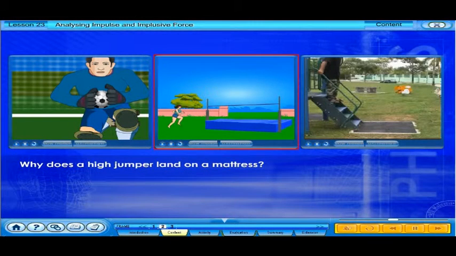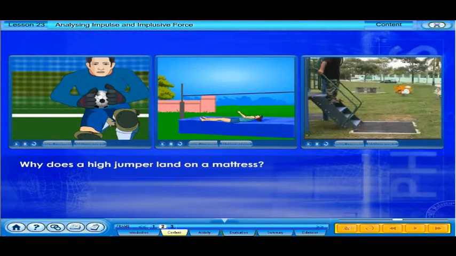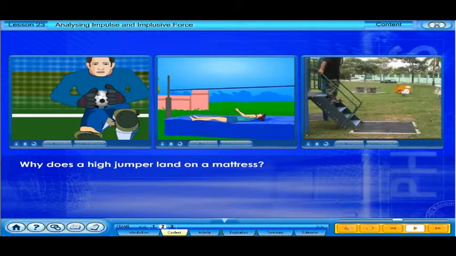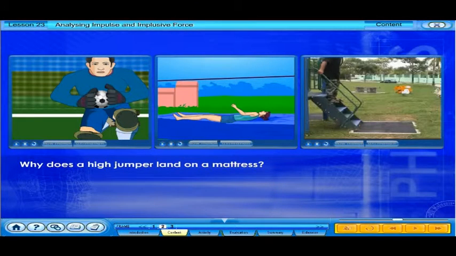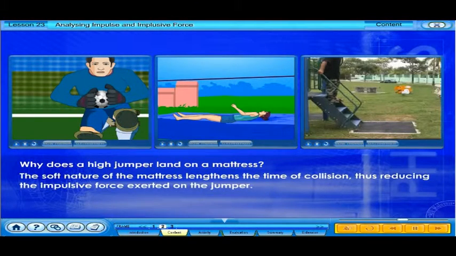Why does a high jumper land on a mattress? The soft nature of the mattress lengthens the time of collision, thus reducing the impulsive force exerted on the jumper.